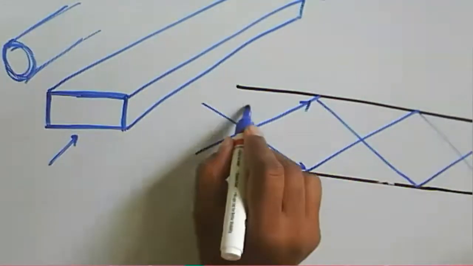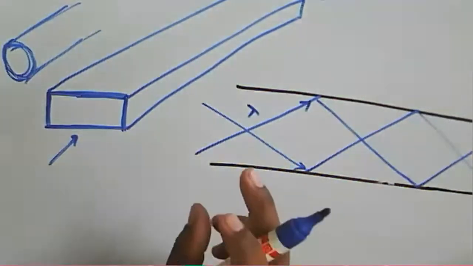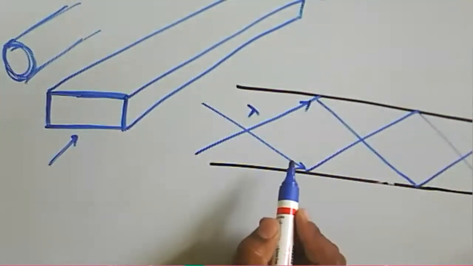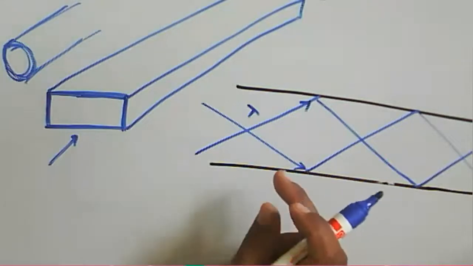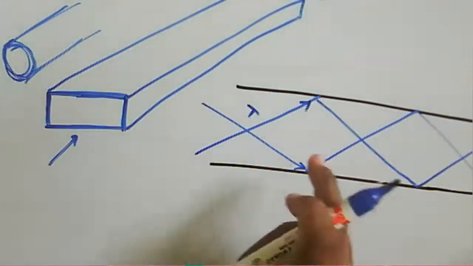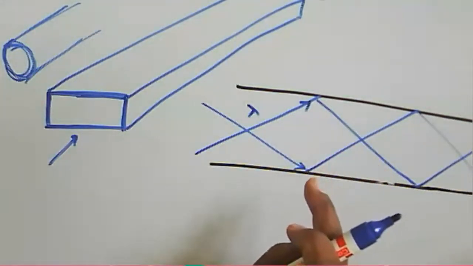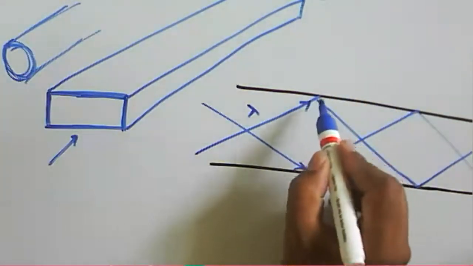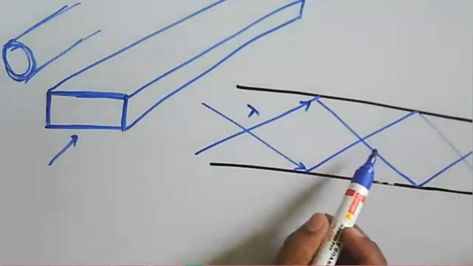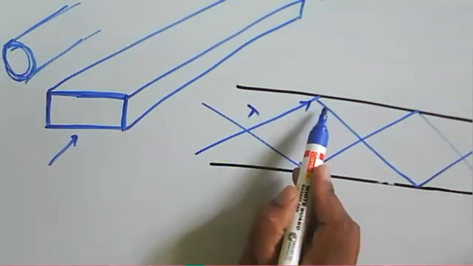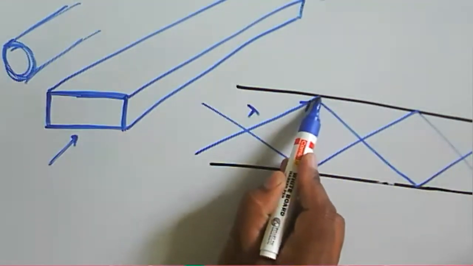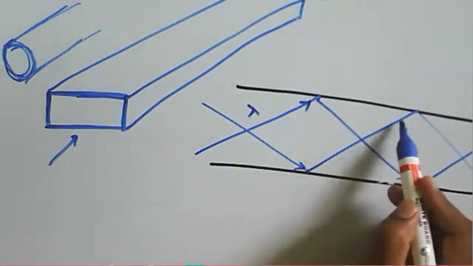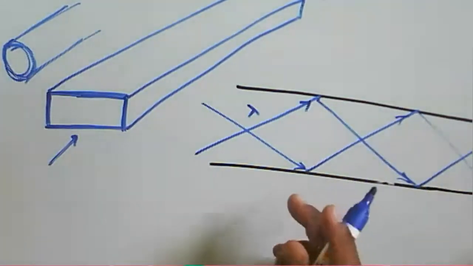This one is nothing but your signal, that is propagating here, and the wavelength is lambda. When it reaches this particular wall, it will be reflected. It will be reflected back, and it will reach again and be reflected back.